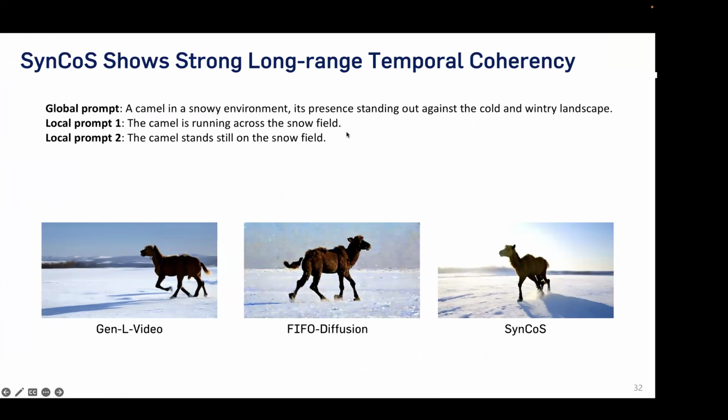Like I saw four legs behind the horse, and then it was moving backwards. And I think I missed the explanation for that. Yeah, if you could highlight that. And then for these other models, the performance of FIFO and Gen-L-Video in this same video.